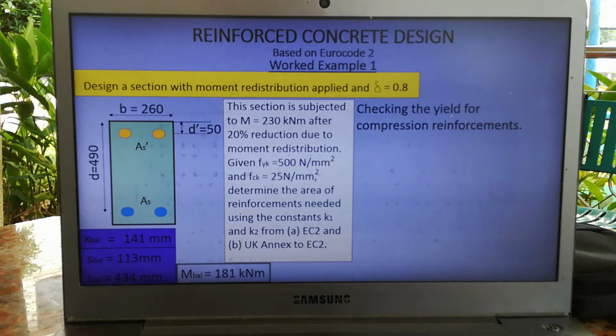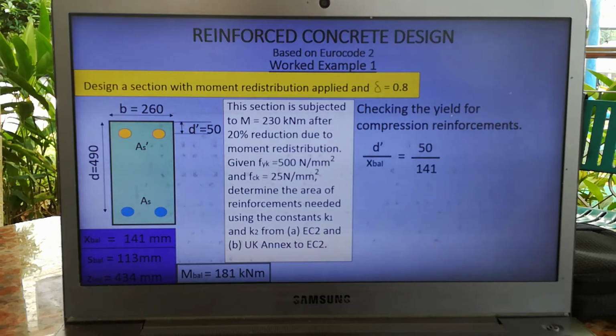Checking the yield of the compression reinforcement. If you remember from the earlier lessons, just because we place steel bars in the compression zone does not guarantee that they will produce the full strength. Full strength of 500 Newton per mm square can only be achieved if the reinforcements are fully yielded, something which we must check now.